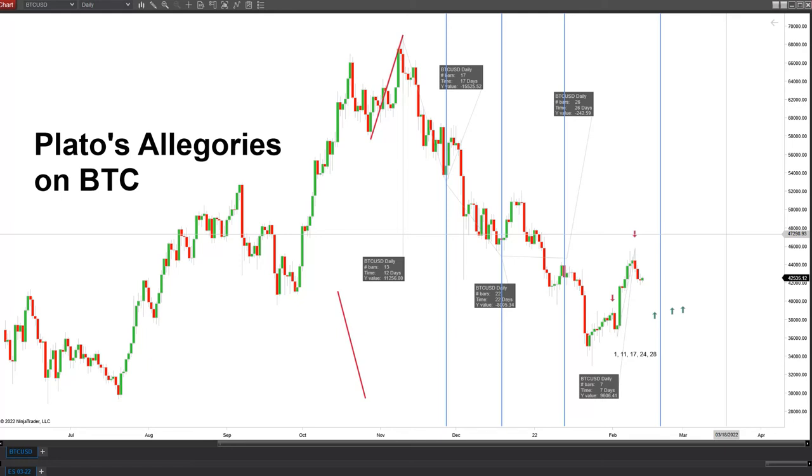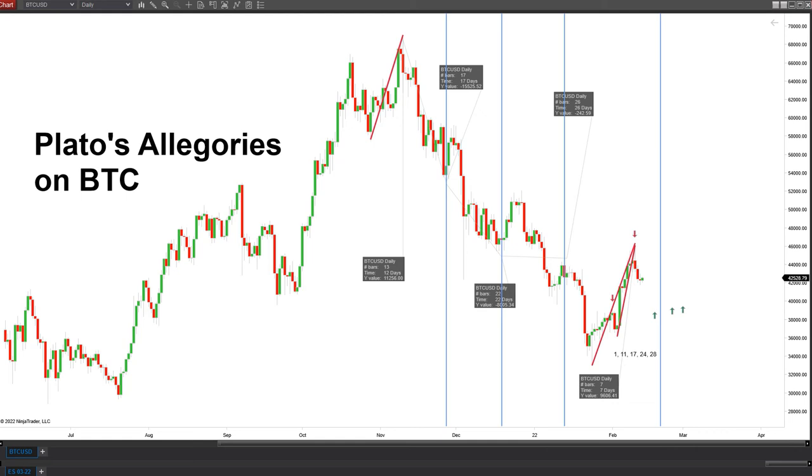You can use the highs, the lows of the pivot points, and the range, and you can use those to project time. So I'm going to take the bigger swing and the two smaller swings inside this last upswing, and make some mathematical projections to try to lock this down a little bit more.